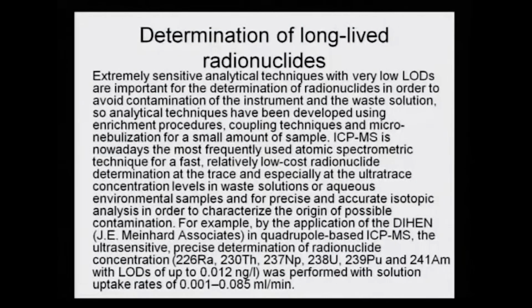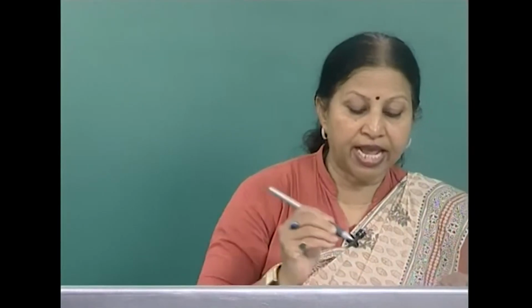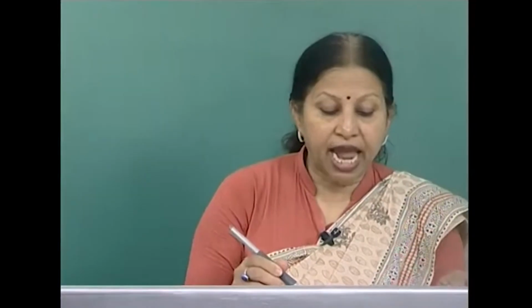So, that small quantity of the radionuclides, that is 226 radium, 230 thorium, 237 Np, 238 uranium, 239 Pu and 241 Am, could be analyzed very effectively. So, with this we have come to a situation where I can say that trace and ultra trace quantity analysis can be carried out in a very efficient manner.